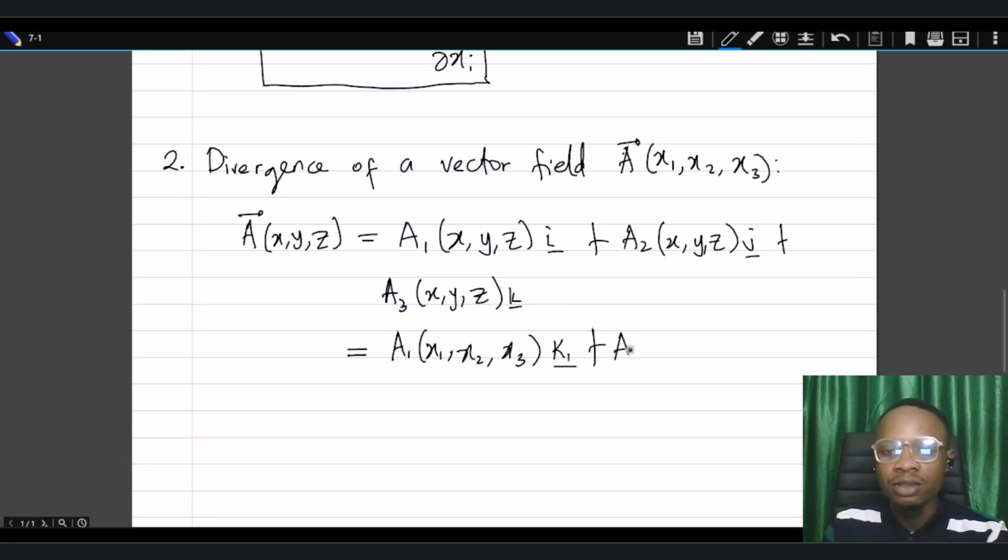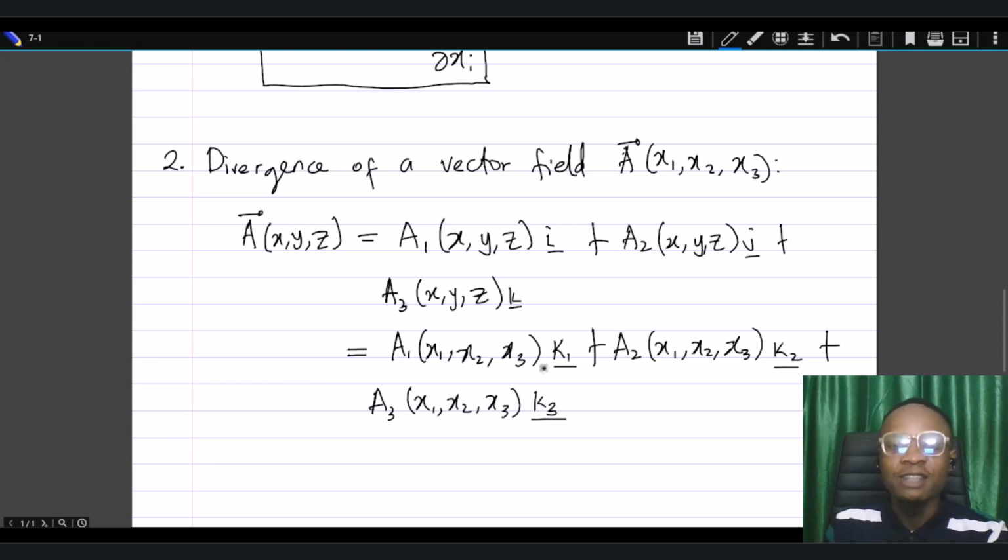Then plus the same thing here, A2 of x1, x2, x3, and we put here K2. Then plus A3 of x1, x2, x3, and we put here K3. This is perfectly okay. What has happened is that we have changed the symbol, but they still mean the same thing correspondingly, so we know precisely what we are dealing with.